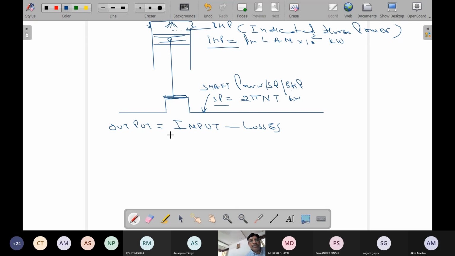So what input was IHP, and losses I will call mechanical losses, MEC, short form for mechanical losses. That is output, or I can say it is shaft power. So shaft power is nothing but the power we get here minus the losses.